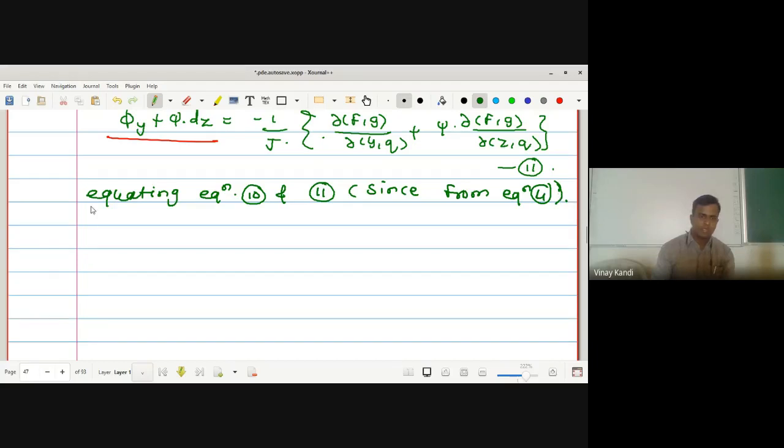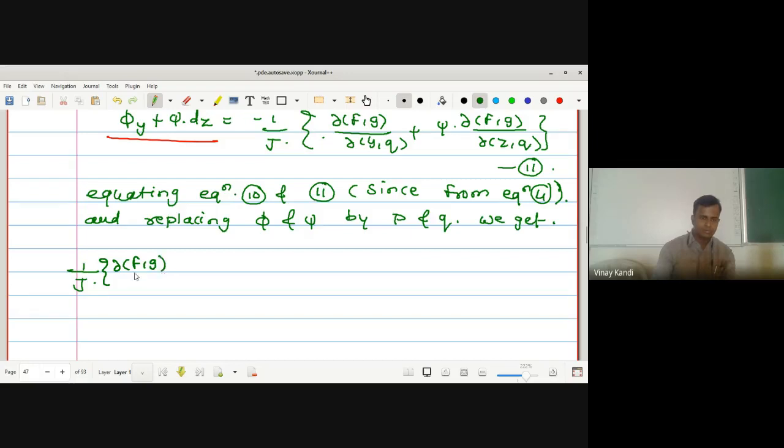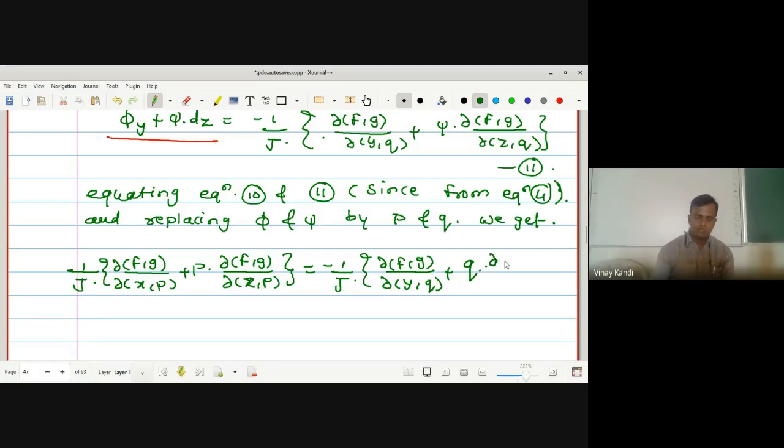Since from equation 4, and replacing phi and psi by p and q, we get 1 upon j into, what is the value of this one, Jacobian of fg with respect to xp plus p into Jacobian of fg with respect to zp, which is equal to minus 1 upon j into Jacobian of fg with respect to yq plus q into bracket Jacobian of fg with respect to zq.